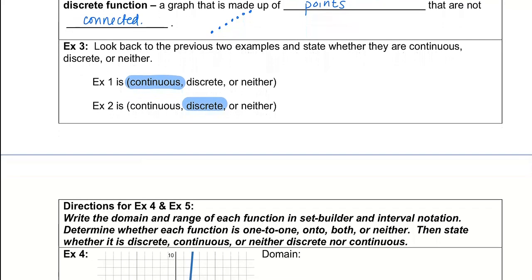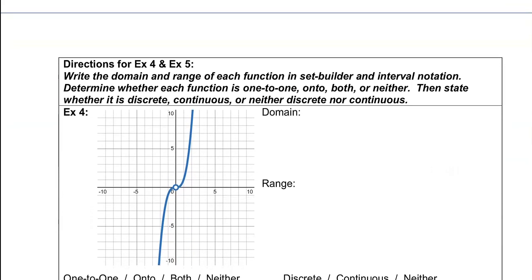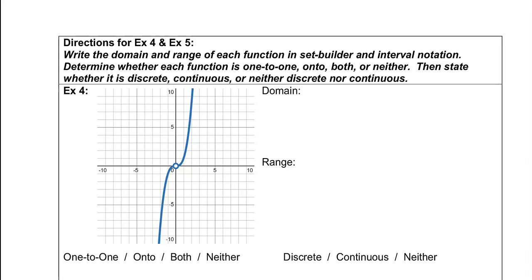Okay. Let's go to the last two examples that we have here. Example 4, example 5. Write the domain and range of each function in set builder and interval notation. Determine whether each function is one-to-one, onto, both, or neither.